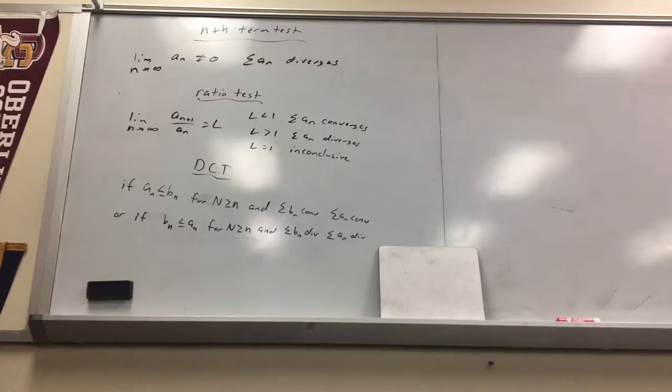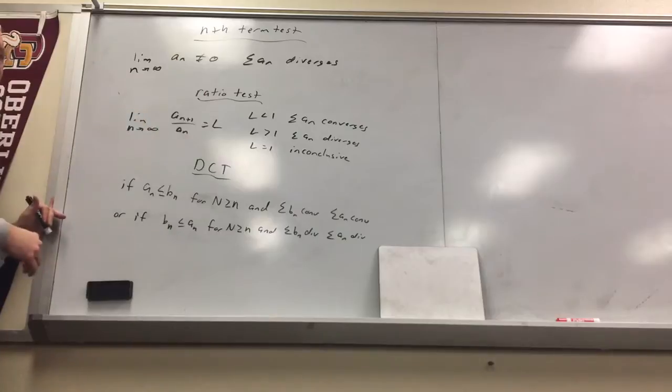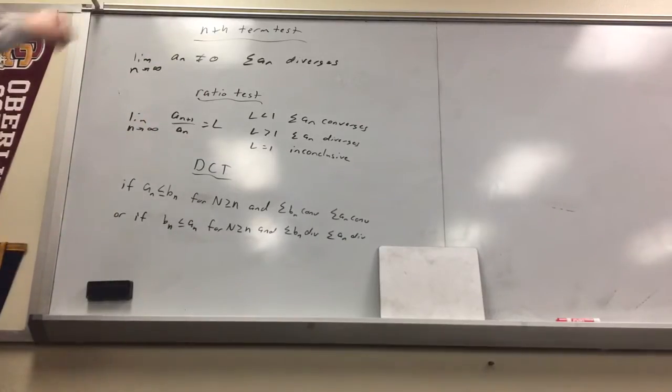Check that, make sure I wrote that right. So again, what I was talking about is that as long as for some n value, some capital N value, this series' terms are always bigger than this series' terms, then this is going to work. It doesn't have to be what the little n starts counting at.